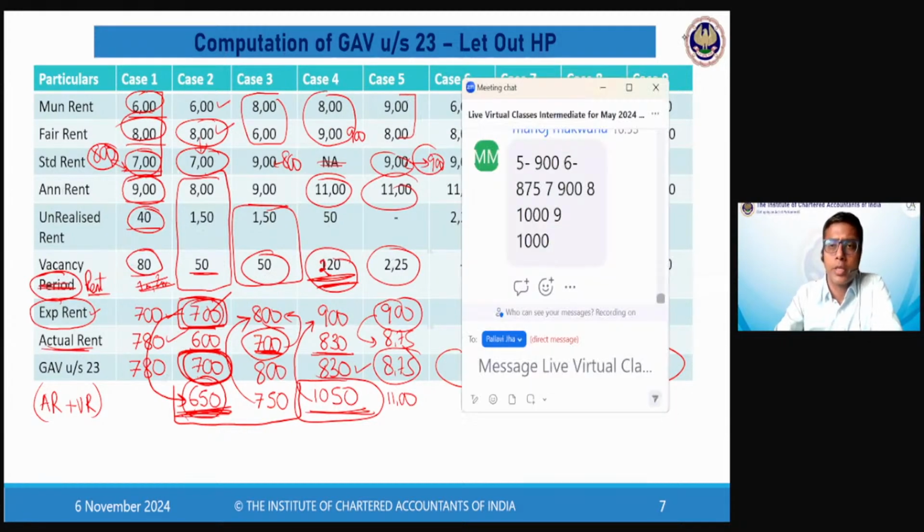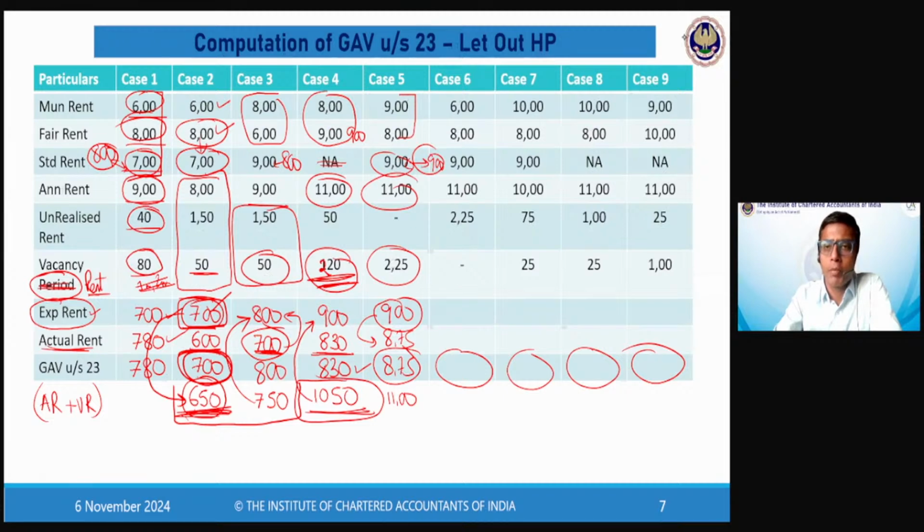I hope now you're understanding that language part, which was originally appearing to be slightly complicated, right? So answer for case 5 is 875. Right, students? Anybody having any doubts? Now moving ahead, higher of these two is 800.